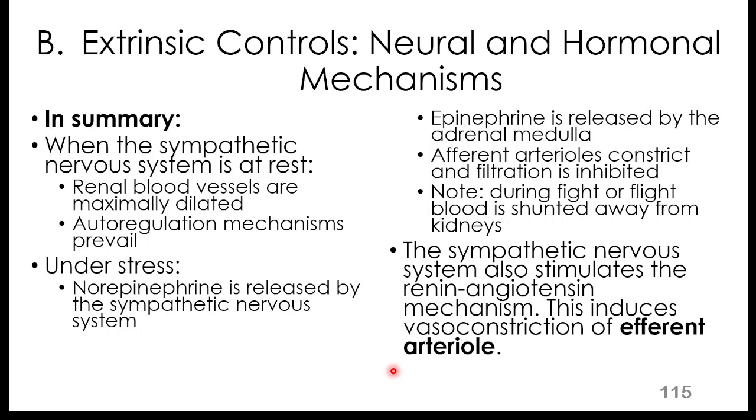The afferent arterioles constrict under the influence of the sympathetic nervous system, and filtration is inhibited. The sympathetic nervous system also stimulates the renin-angiotensin mechanism. This will induce vasoconstriction of the efferent arteriole. Remember that the final product of this pathway is angiotensin 2, and angiotensin 2 is a vasoconstrictor of the efferent arteriole.